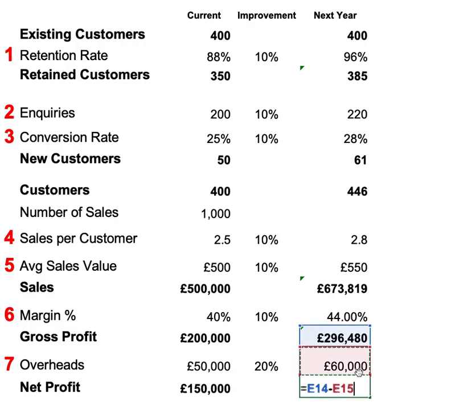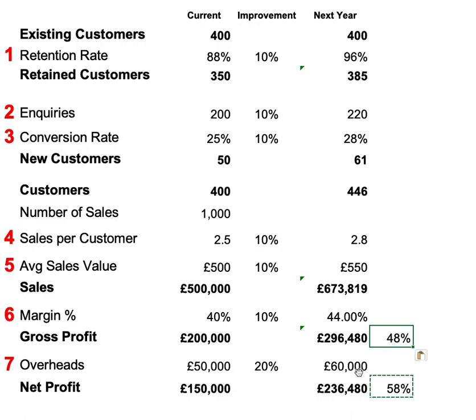But our net profit now is 236,000 compared to 150,000 last year. So net profit has increased by 58%, gross profit by 48%, and our sales by 35%.